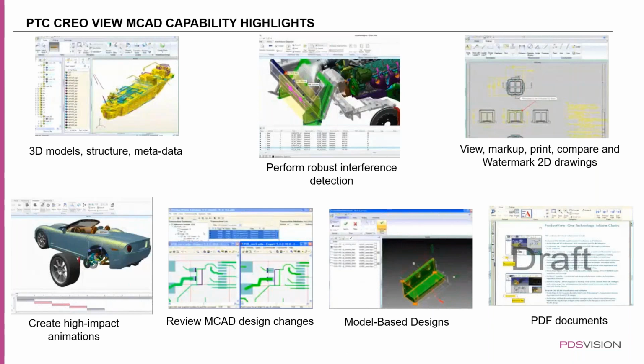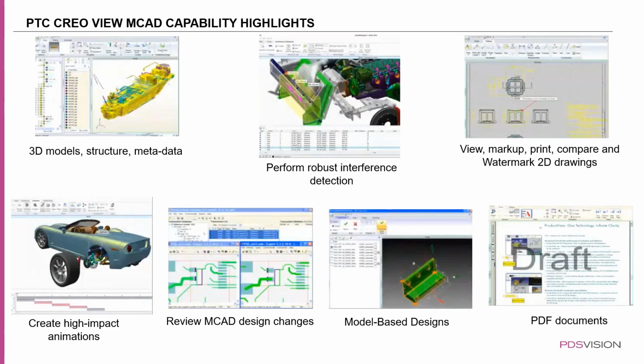You can also view, markup, print, compare, and watermark 2D drawings. So for a checker who doesn't need to have a CAD authoring application, what other companies do is that they print the drawing out, and then the checker will have to mark that out using a red pen, scan it, and then send it back via email.